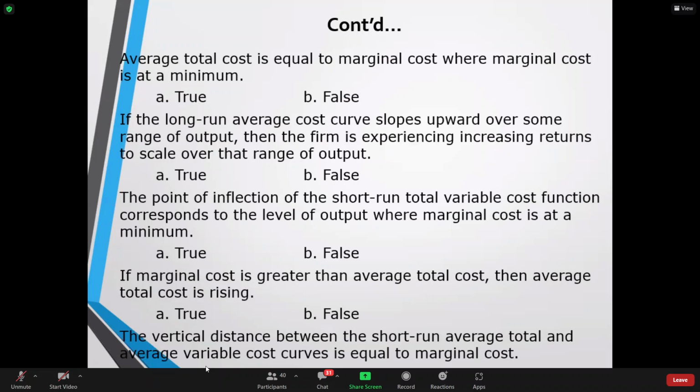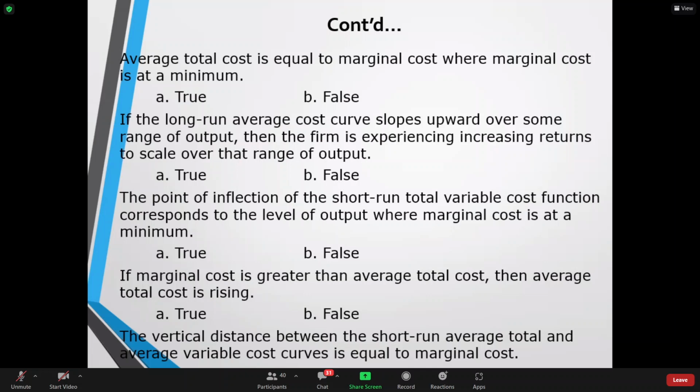No, right? Marginal cost minimum means during that phase, marginal is below the average variable cost, right? So the point of inflection of the short run total variable cost function corresponding to the level of output where the marginal cost is minimum. No, right? It is false.